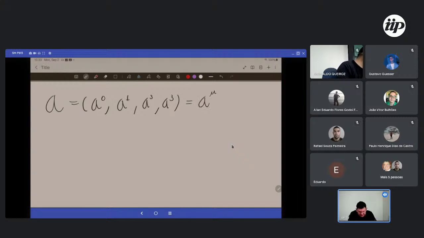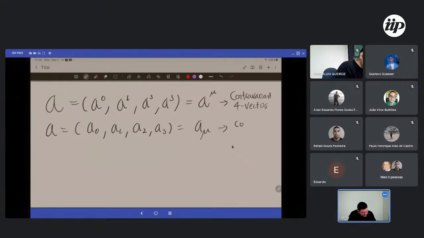In the case where the index mu is up, we call that a contravariant 4-vector. And when we have the mu down, we call that a covariant 4-vector.